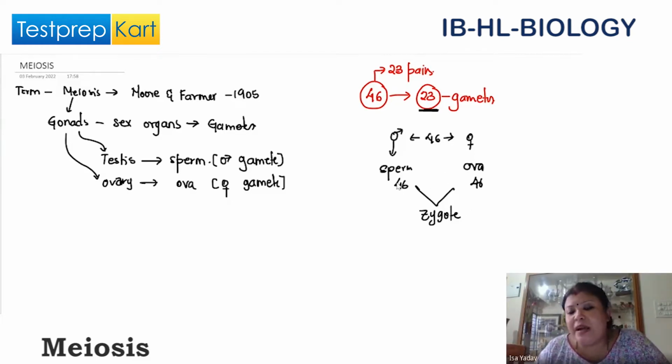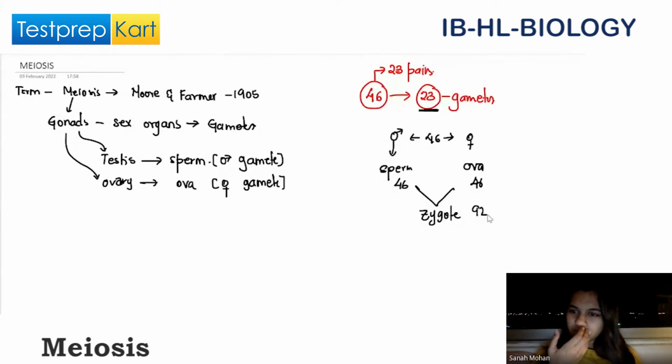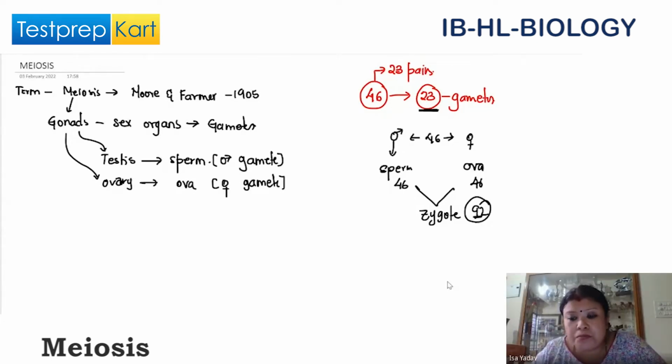If sperm has 46 and ova has 46, this will combine. So what would be the chromosome number? 46 plus 46, how much? That is 92. Is it possible that we have 92 chromosomes?